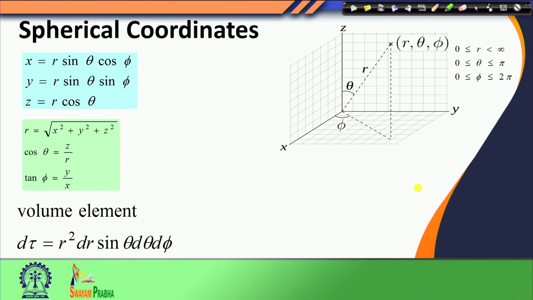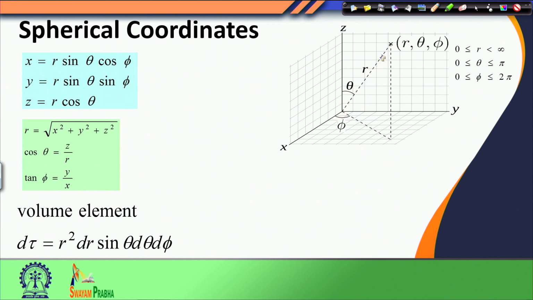the need of converting our coordinate system from Cartesian coordinate system to spherical coordinate system. And we discussed that when we have a point in the Cartesian space x, y, z, we can redefine that point in a different coordinate system r, theta, phi, where r is the distance of that point from the origin.